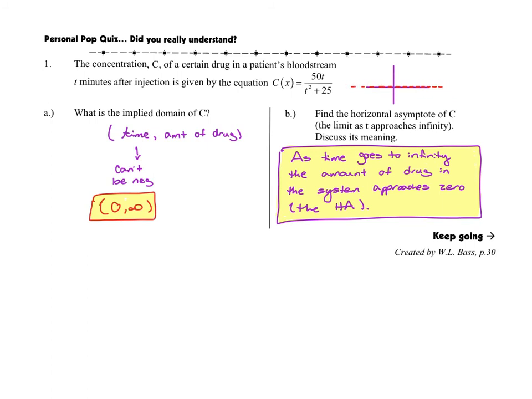And remember, from our 4.2 and 4.3 lesson, as our graphs approach negative infinity or positive infinity, as the x's go to negative infinity or positive infinity, your graph will approach the horizontal asymptote. So since our horizontal asymptote is 0, as we go farther out in time, the amount of drug in the system should approach 0.